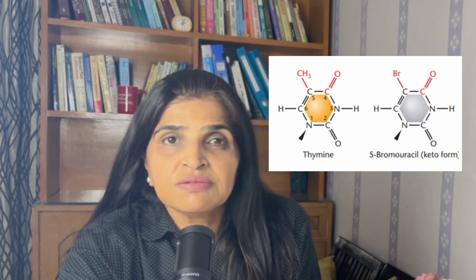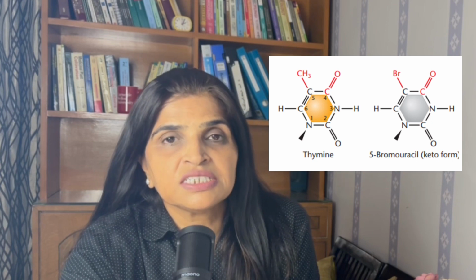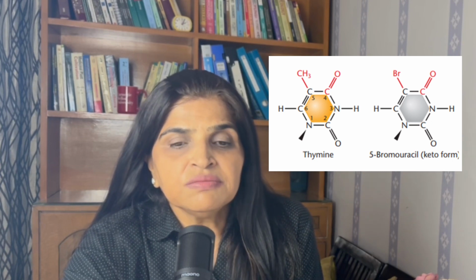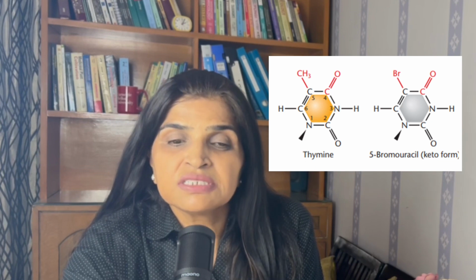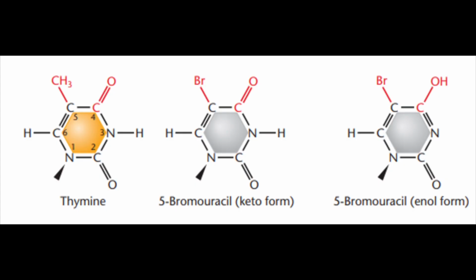Tautomerism we have learned very well in the last class with the help of several examples. So when it is prone to tautomerism, it will change its keto form to enol form, and when it changes to the enol form, it will now bind to guanine instead of adenine.